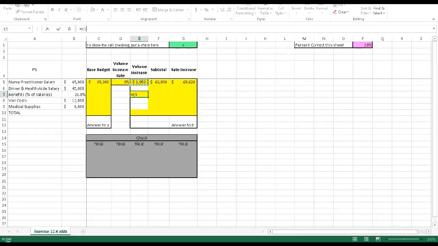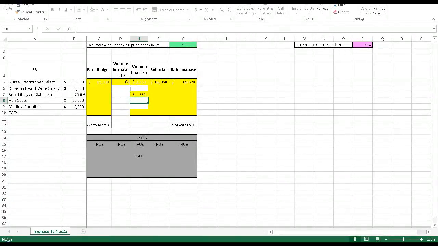So it's this times, and your percentage of benefit salaries here is 20%. So it's going to cost you an extra $390 in benefits for this rate increase, the volume increase, and I know simply you're just going to add those up, and that's going to be what the volume increase is going to cost you.